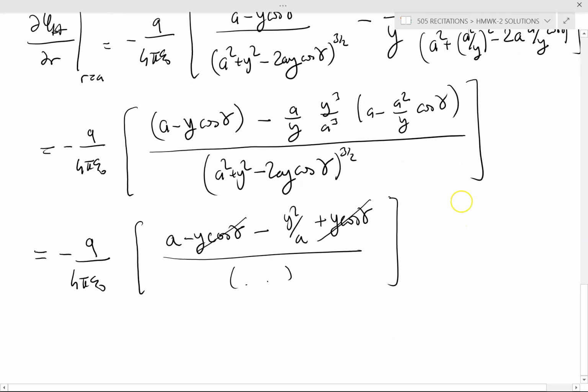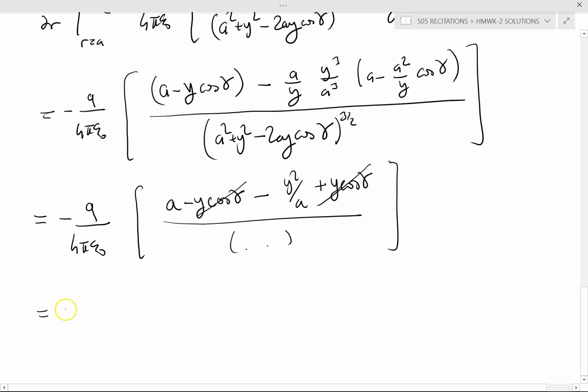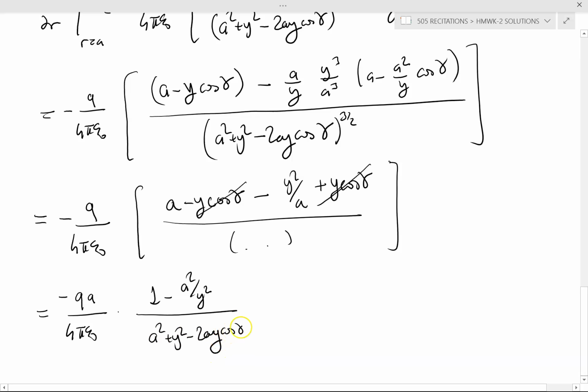These shall cancel. At the end I have q a over 4 pi epsilon 0 times 1 minus a squared divided by y squared, divided by the whole expression, what was it? Yes, a squared plus y squared minus 2ay cosine gamma to the power of 3 over 2.